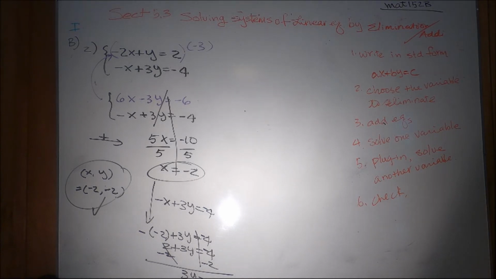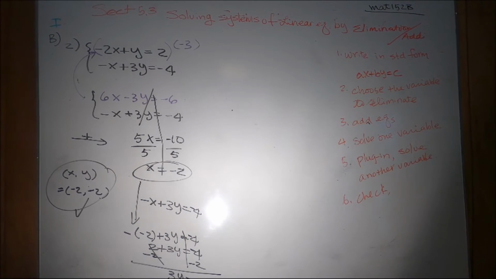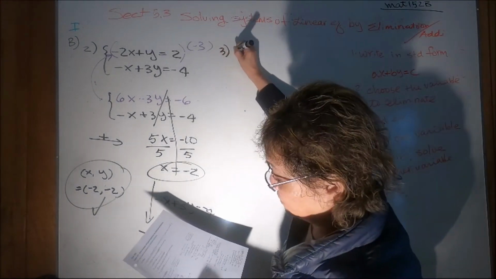Okay? So what you need to do is always what? Write it in standard form. Then choose which variable you want to eliminate, right? So let's look at number 3.